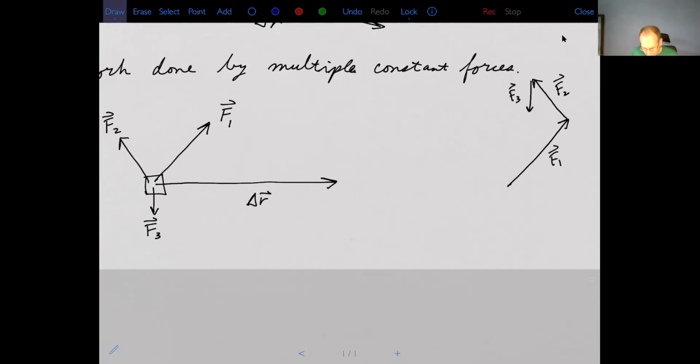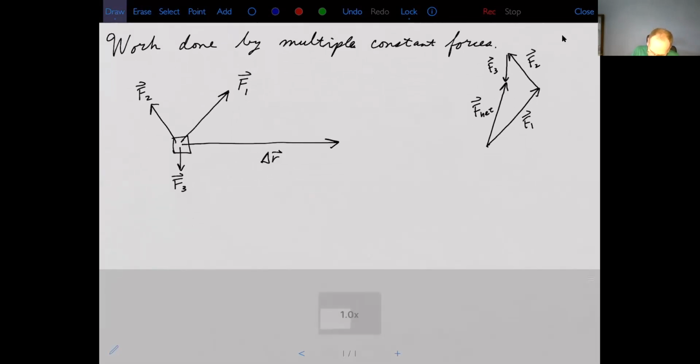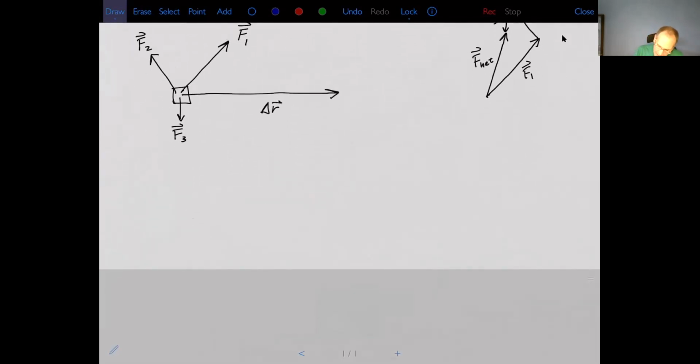Then we know that the net force, the sum of those, is going to be a vector that goes from the tail of F1 to the tip of F3. So it's going to be like this. This is F net.